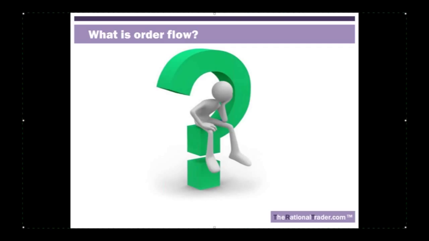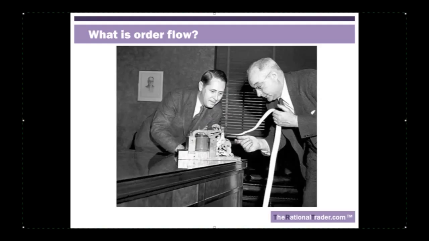This used to be called tape reading, and this is exactly what they used to do. The trades would transact, and they'd come across the wire, and they'd read them right off the tape. And from that, they would divine what the market was doing in some magical way that I can't figure out.